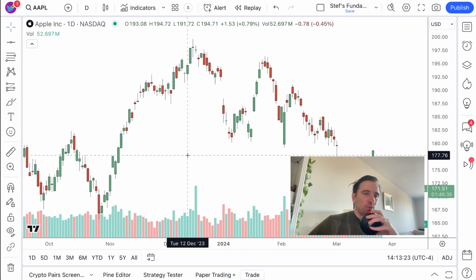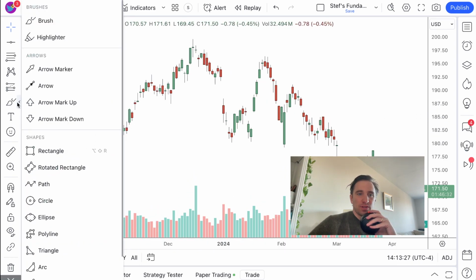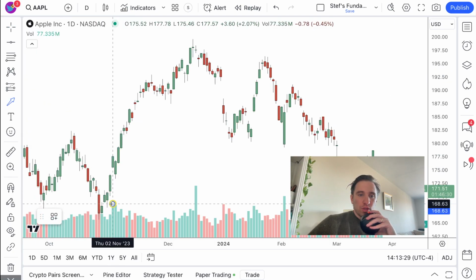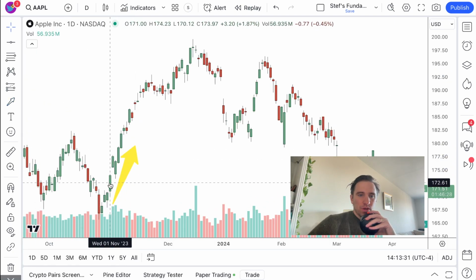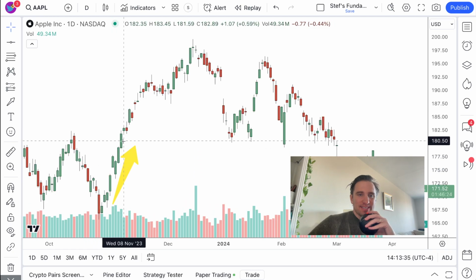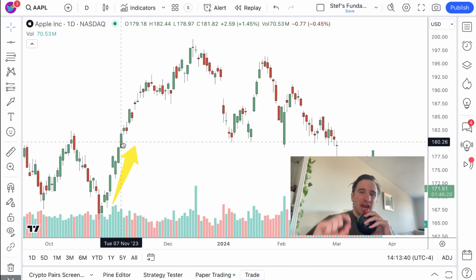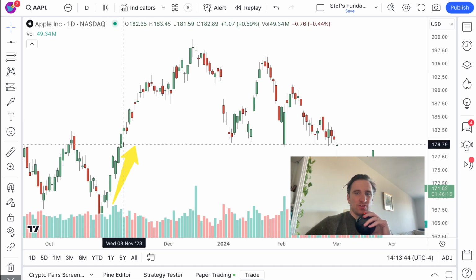In addition, there are some ways for you to try to gauge trends. One example of that might be, look at the candles here. 1, 2, 3, 4, 5, 6, 7 straight green candles. That's 7 green days. Now you can start to count candlesticks as you analyze the price action on your charts.